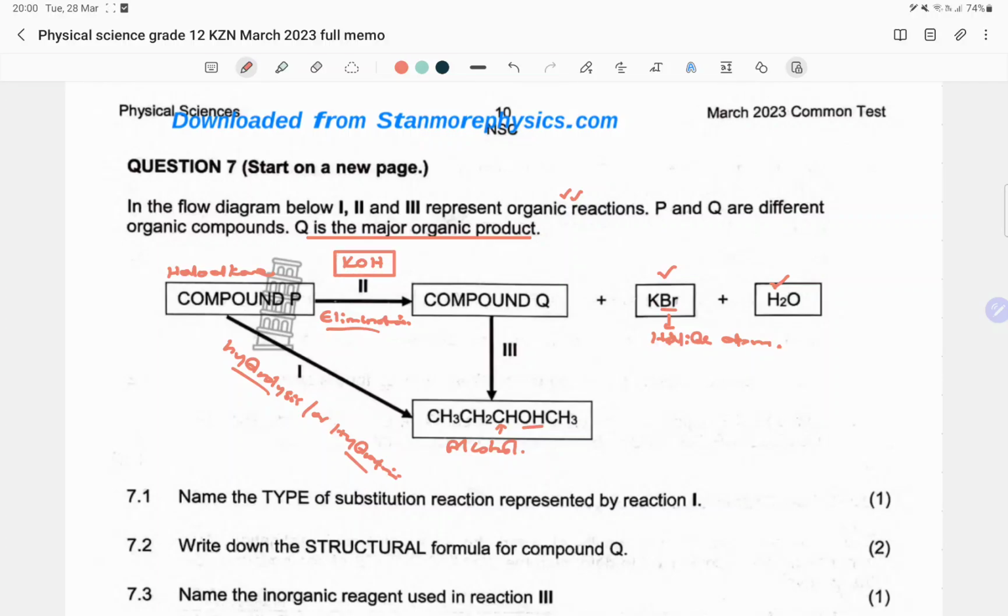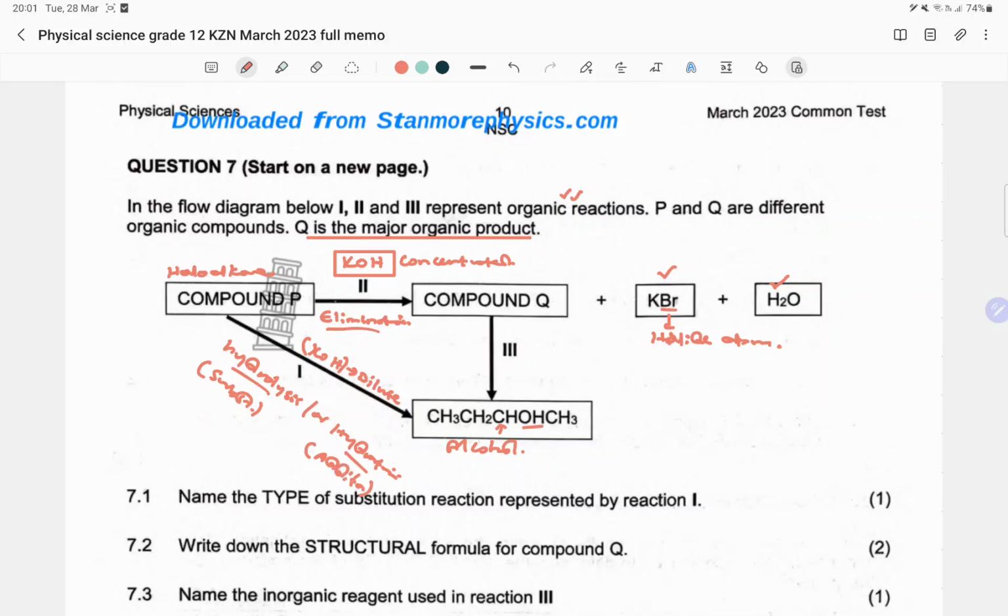We used a strong base, but for it to eliminate, it must be concentrated. Okay, it can't be dilute, because this dilute one is what we use here. We use a dilute strong base when we are doing a substitution reaction. So a hydrolysis reaction here is basically a substitution reaction, whereas a hydration is essentially an addition reaction.